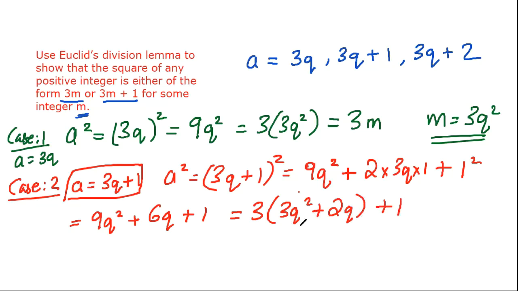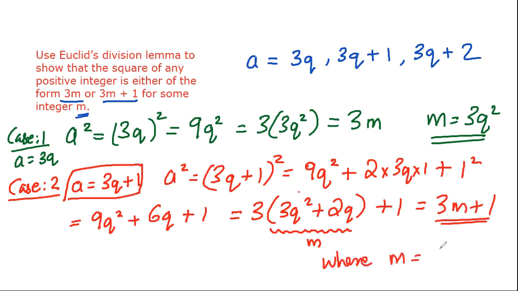Here in this second case, I can take this 3q square plus 2q as m, so that I can write this as 3m plus 1, where m is equal to 3q square plus 2q.